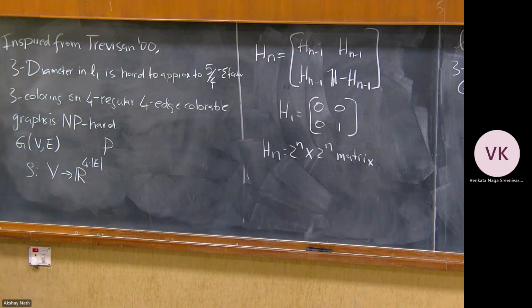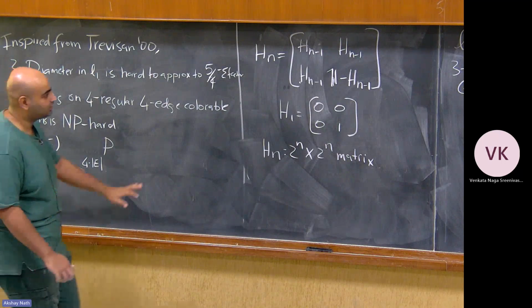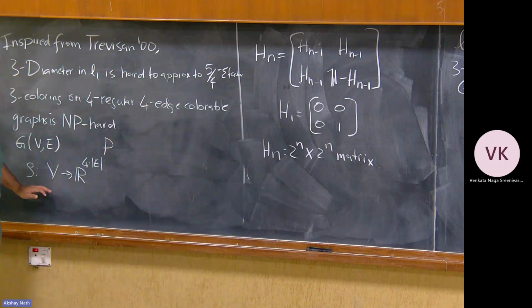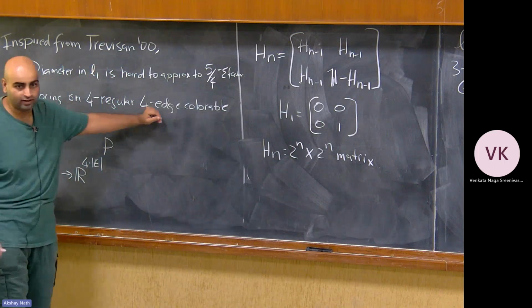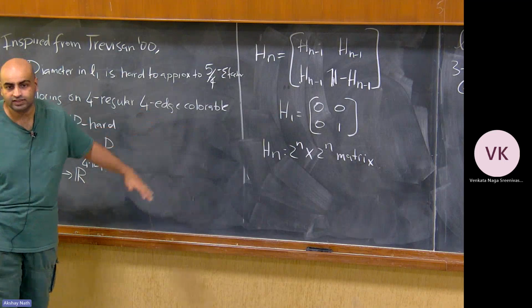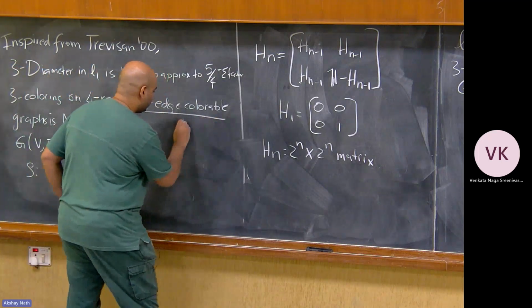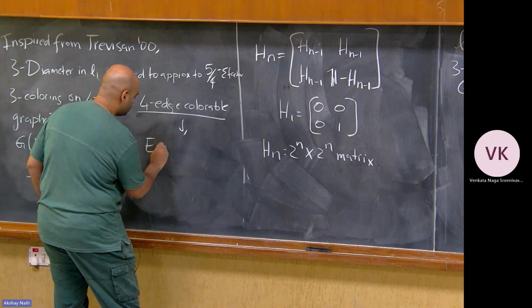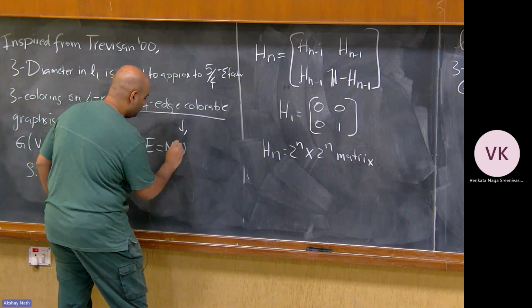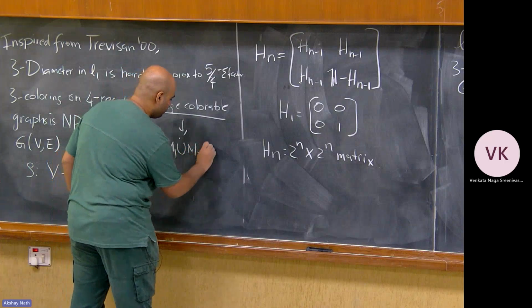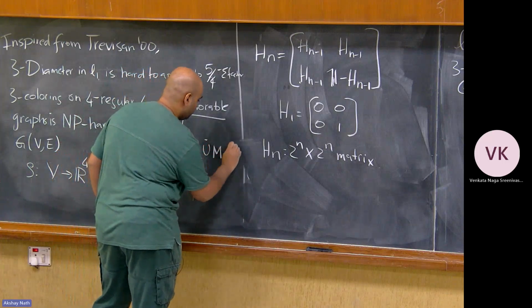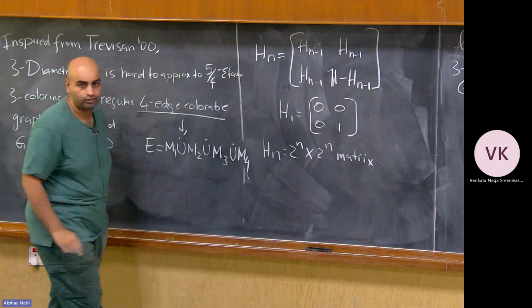Okay. So now that I've told this, I'm going to define what rho is. The edge set is 4-edge colorable. In other words, I can decompose the edge set into 4 parts so that these are 4 matchings. So we know that E can be written as M1, M2, M3, M4.